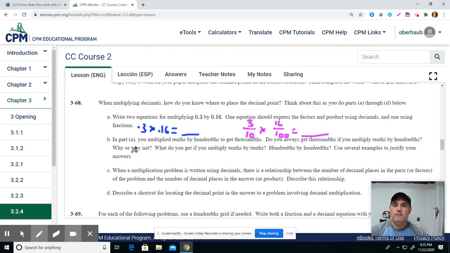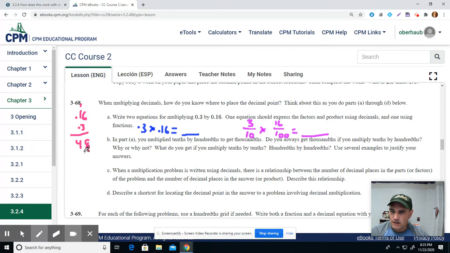In part B, in part A, you multiply tenths by hundredths to get thousandths. So if we were to really multiply this out, let's do a little bit of work over here. Let's see, 0.16 times 0.3. When I multiply this, I get 18, carry a 1. 3 times 1 is 3, plus 1 is 4. Now notice my problem. I have two decimal places up here, one decimal place here.